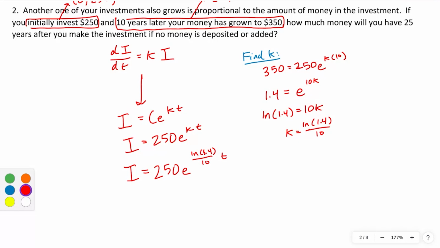Now we've got a particular solution. So ultimately the question's asking how much money will you have 25 years after you make the investment. So now that we have our particular solution, we can just substitute in 25 into t to get our answer.